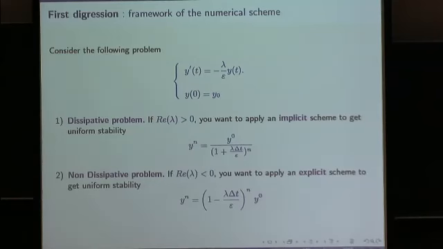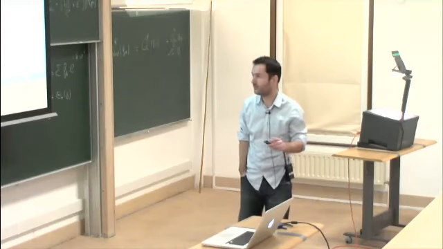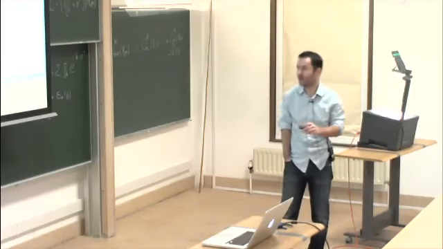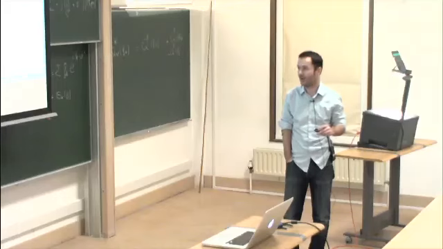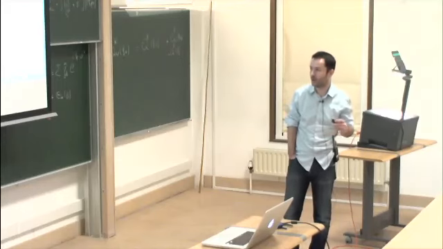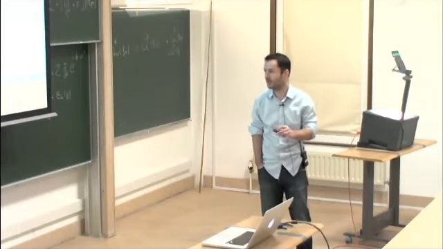Now, if you consider that the problem is not dissipative, then if you apply an implicit scheme, the scheme is not uniformly stable. If you have a non-dissipative problem, you have to apply an explicit scheme. And in that case, the numerical approximation of this system of ODEs using an explicit Euler scheme is given by this.